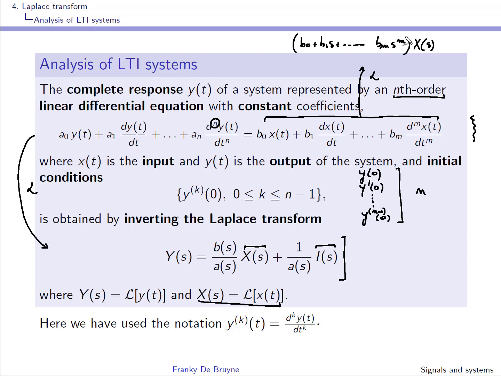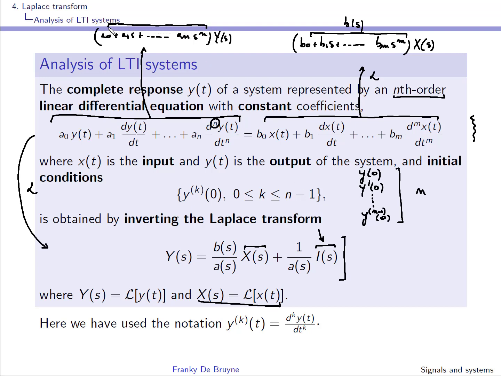Okay, so this is the polynomial b(s), and on this side, well, you can do the same. You'll have a0 plus a1 s plus ... plus an s^n times Y(s), but here also there will be this dependence on the initial conditions, and this is how this is produced over here, but this will be a(s).